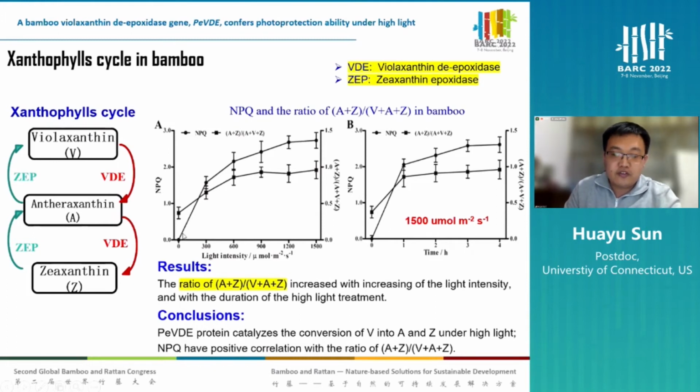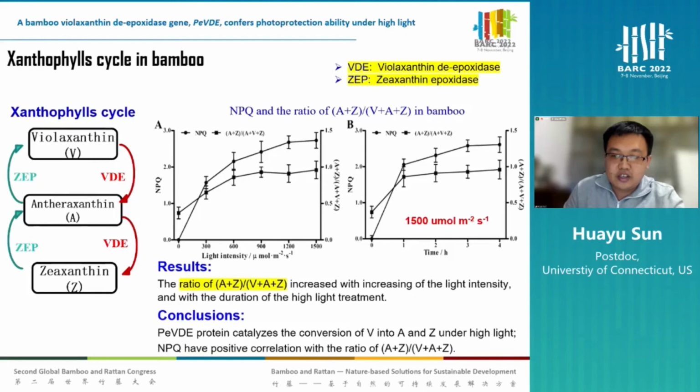In bamboo, we found that both the NPQ value and the ratio of A and Z in the VAZ pool increase with the increasing light intensity. We also found that the NPQ value and the ratio of A and Z in the VAZ pool increase with the duration of the high light treatment.